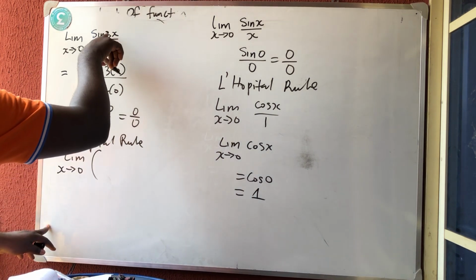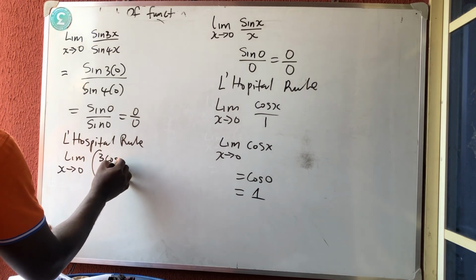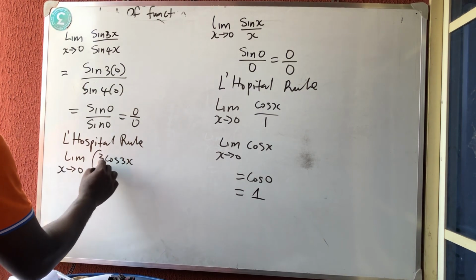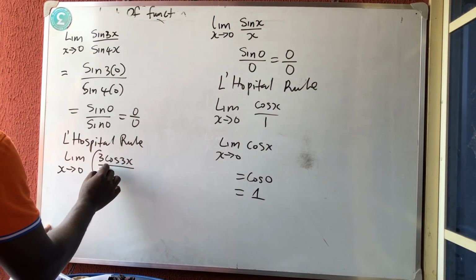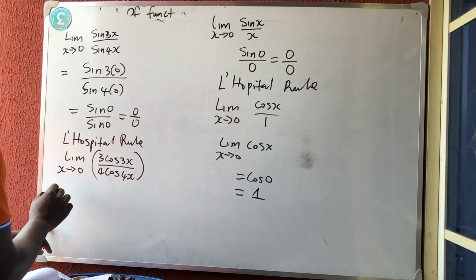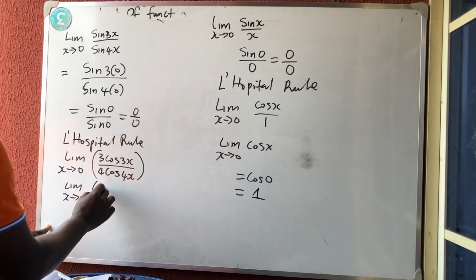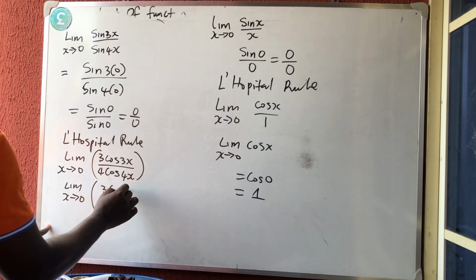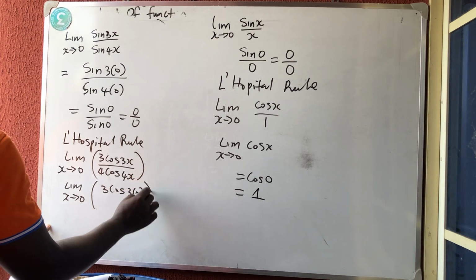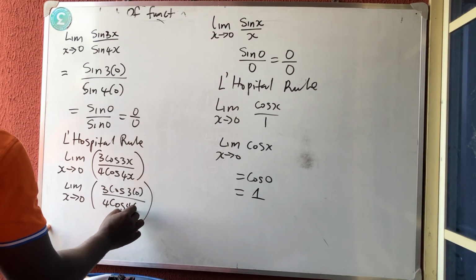So which is what? The limit of x tending to 0 of, now, differentiate sine 3x will give you what? 3 cos 3x. I hope you still remember. This one will give you 4 cos 4x. So what do we have now? The limit as x approaches 0 of 3 cos 3 bracket 0 all over 4 cos 4 bracket 0.